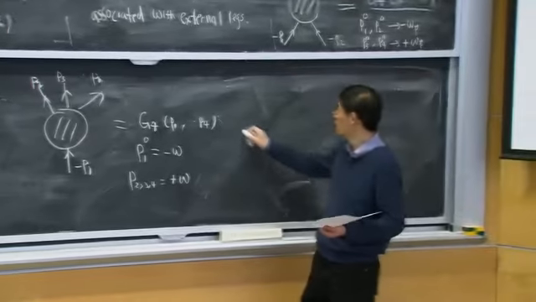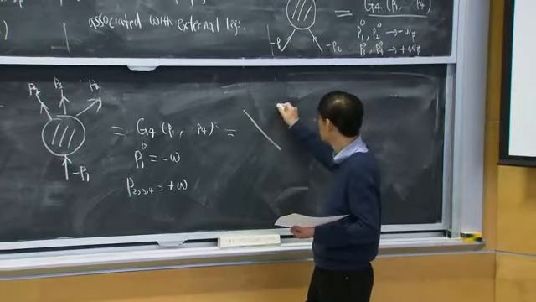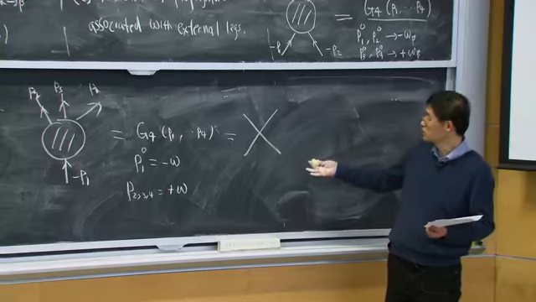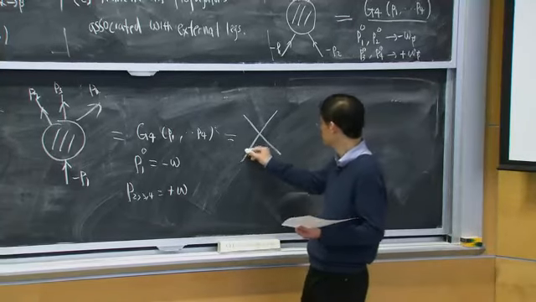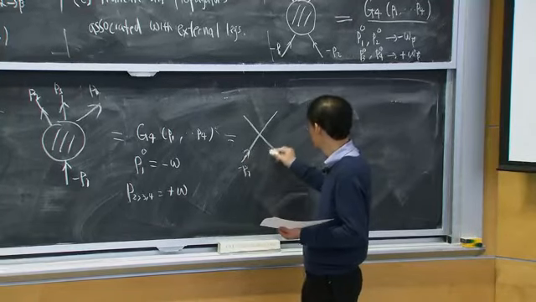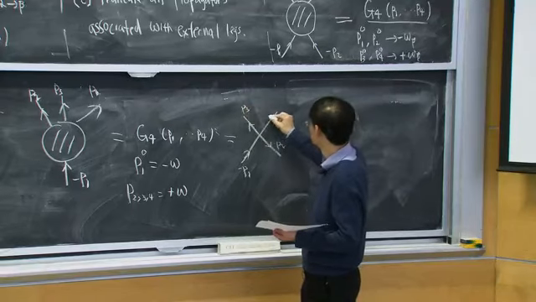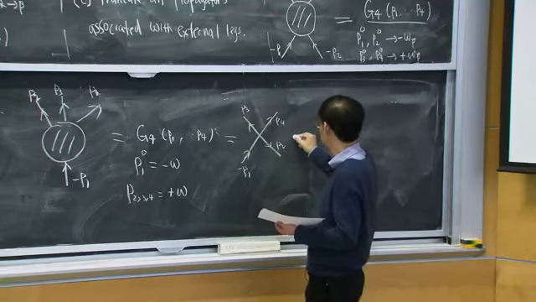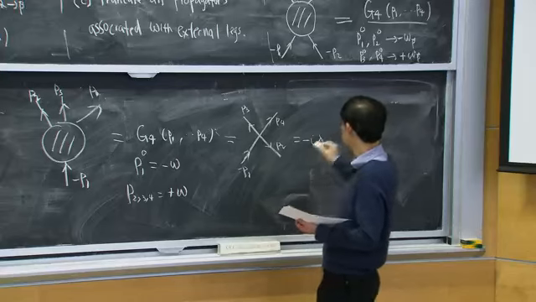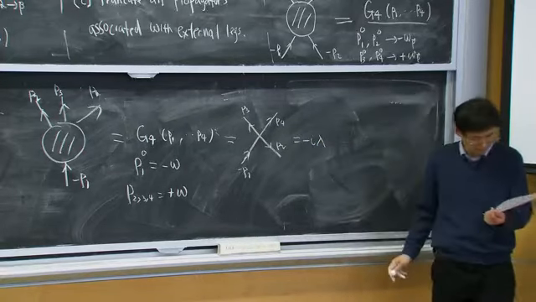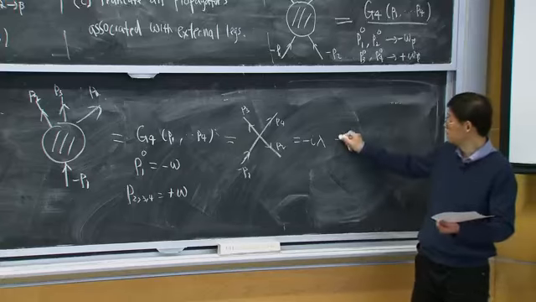Again, the leading non-trivial term is just this. Now this is minus P1, and this is P2, P3, P4. Again, at leading order, this is just minus i lambda, because you don't need to include external propagators.